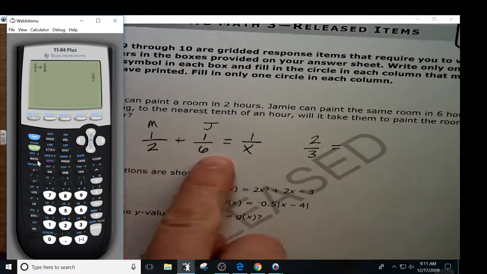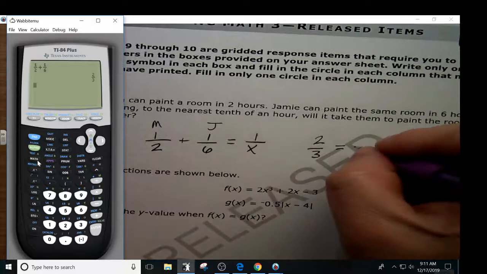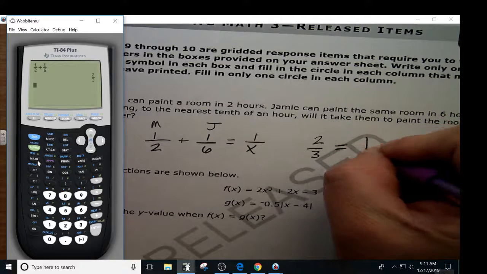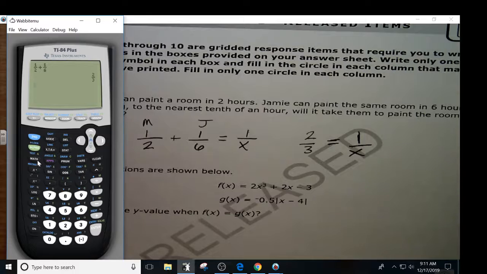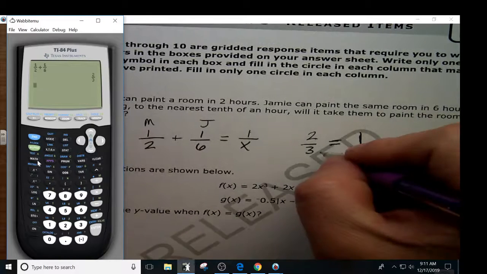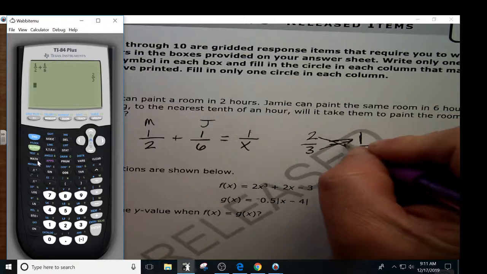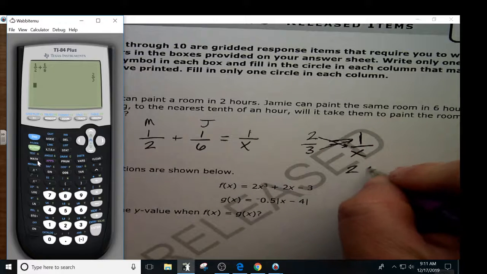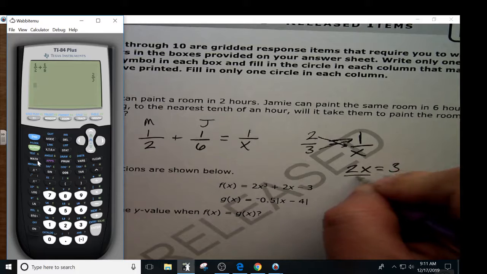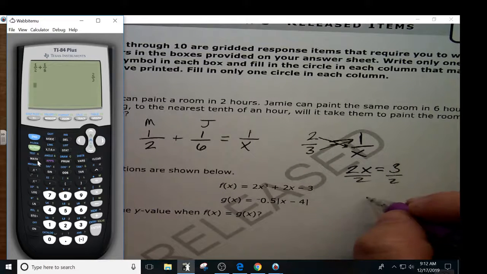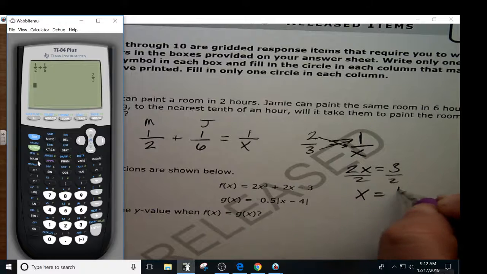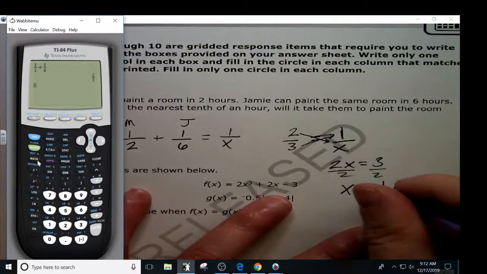When I add these together, I get 2/3 equals 1/x. Now, what's the next step here? You're going to cross multiply. So multiply there, multiply there. That's going to be 2x equals 3 divided by 2. And it says round to the nearest tenth of an hour. That's going to be x equals 1.5.